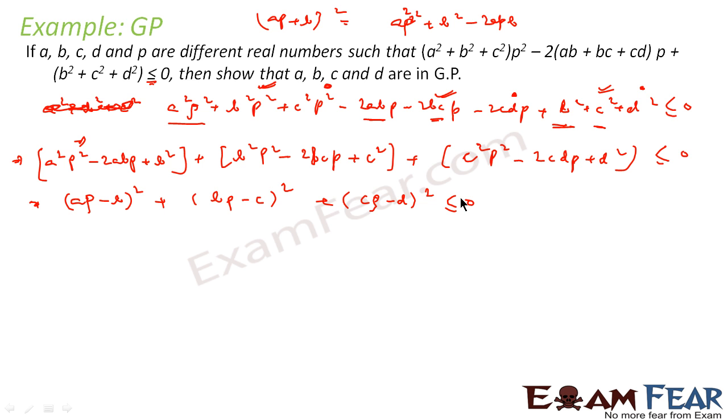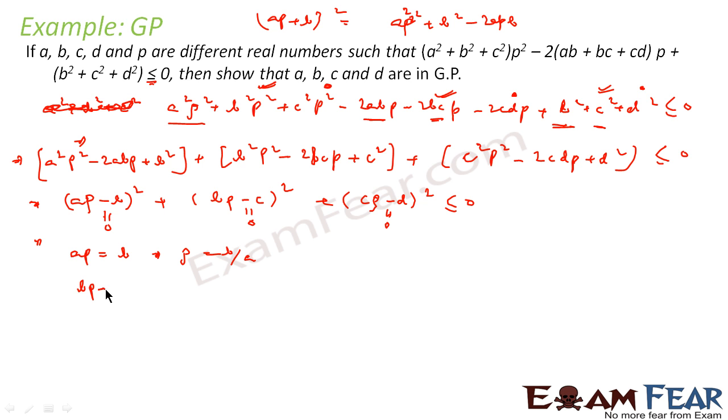At the minimum it can be 0. So that means all are 0. This is equal to 0, this is also equal to 0, and this is also equal to 0. That's what we have got. So we say ap is equal to b, or p is equal to b by a.